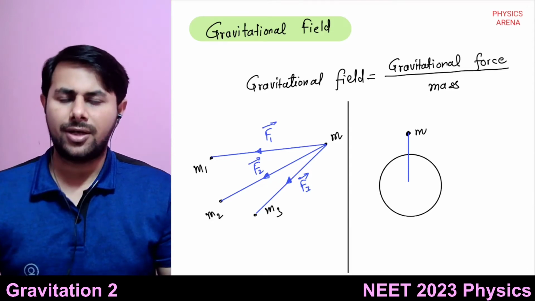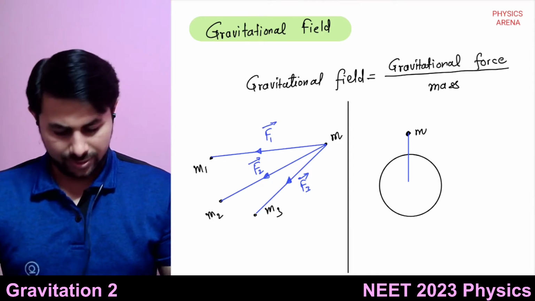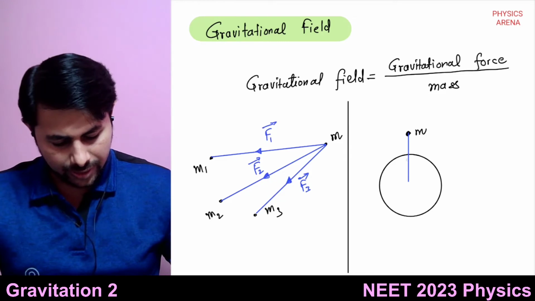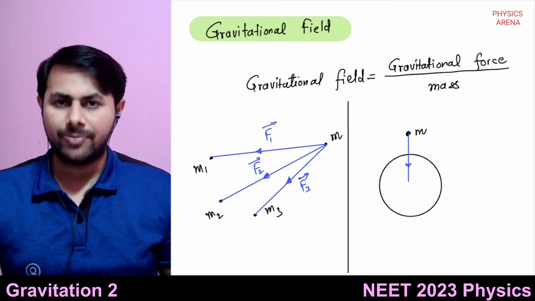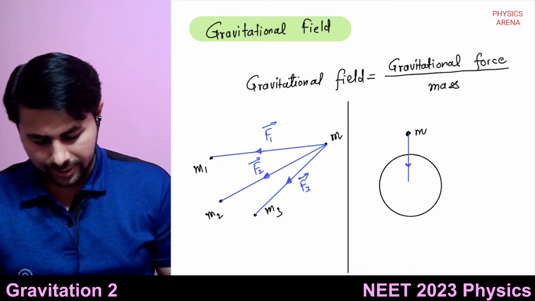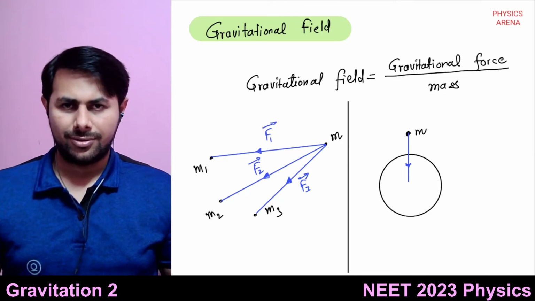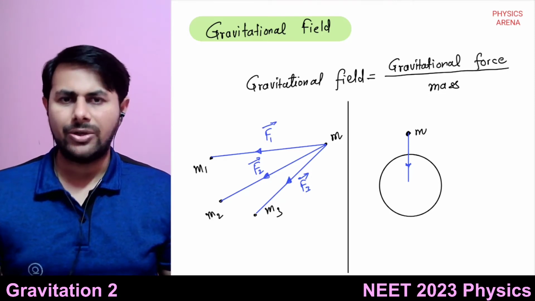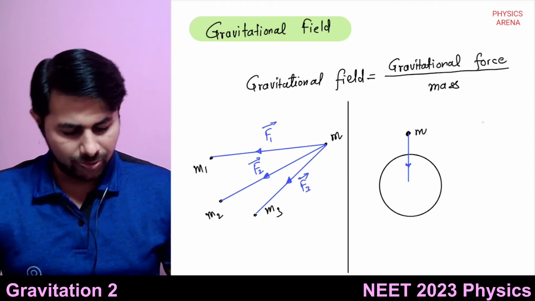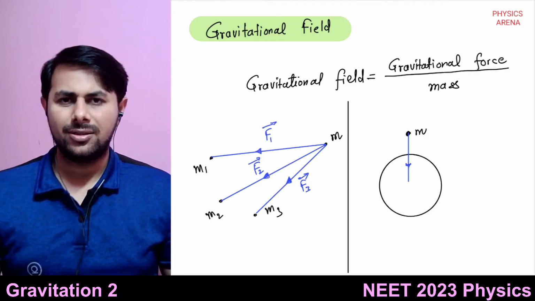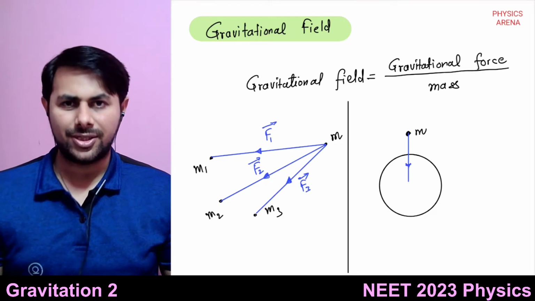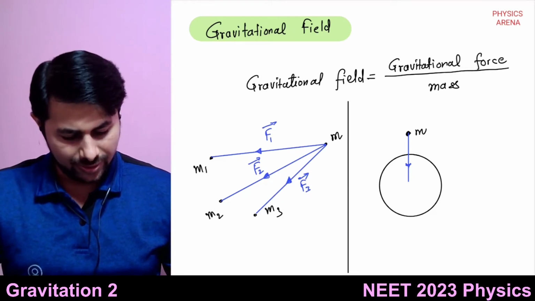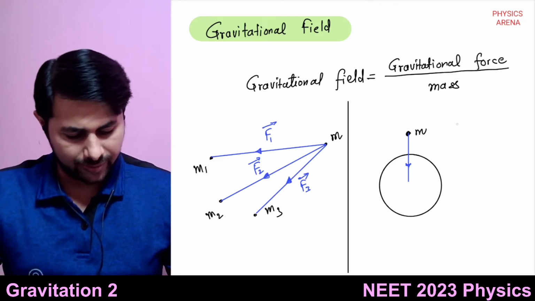It is just the acceleration due to gravity. Because how do we define the gravitational field? It is gravitational force divided by mass, gravitational force per unit mass. And what is force per unit mass? It is just acceleration, gravitational acceleration, the acceleration due to gravity.